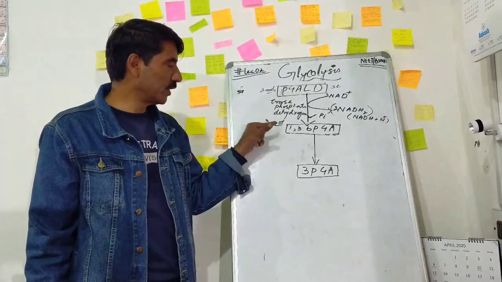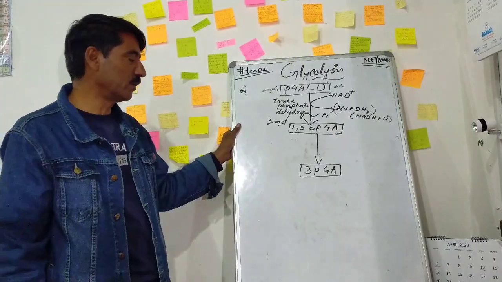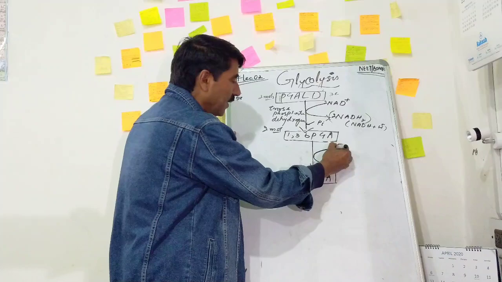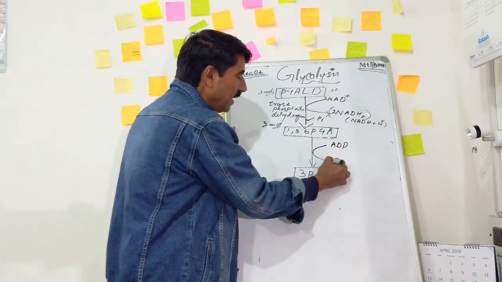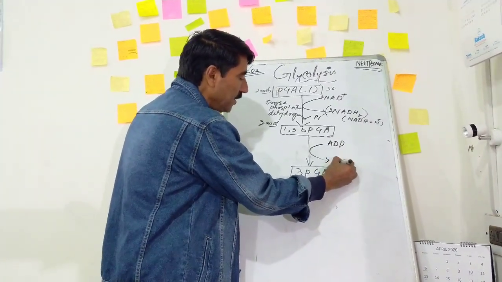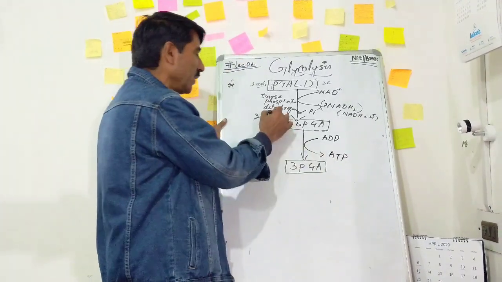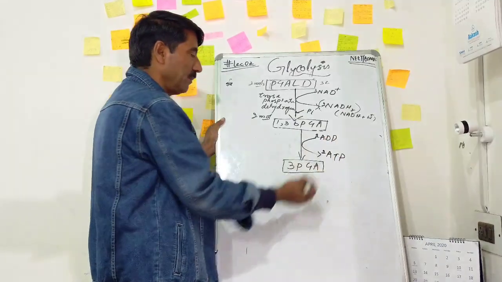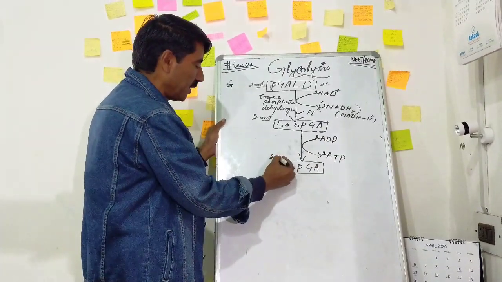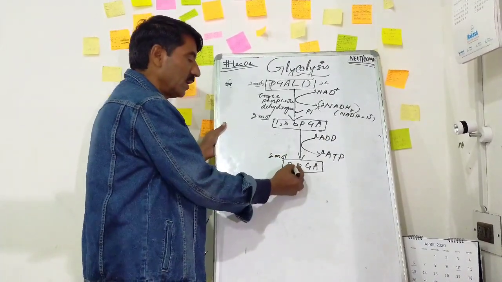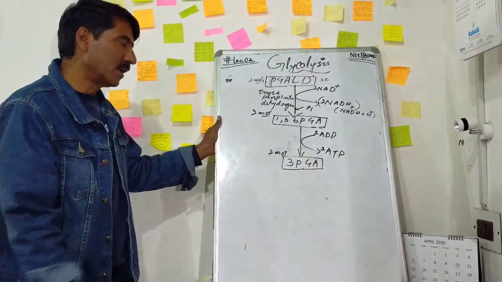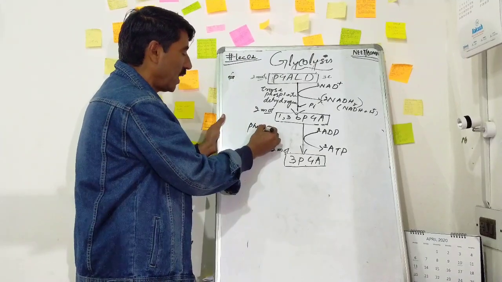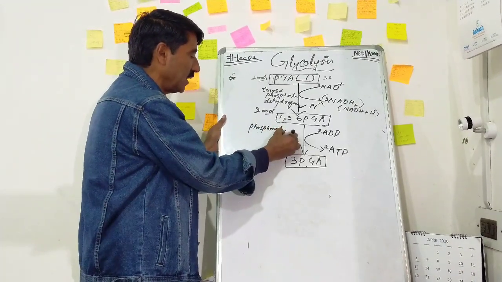That means the position number 1 phosphorus is removed, and that is used by ADP, and it gets converted into ATP. Because we have two molecules, the two ADPs would get converted into two ATPs, and there would be formation of two molecules of 3-PGA, that is 3-phosphoglyceric acid. This reaction takes place in the presence of phosphoglycerate kinase.